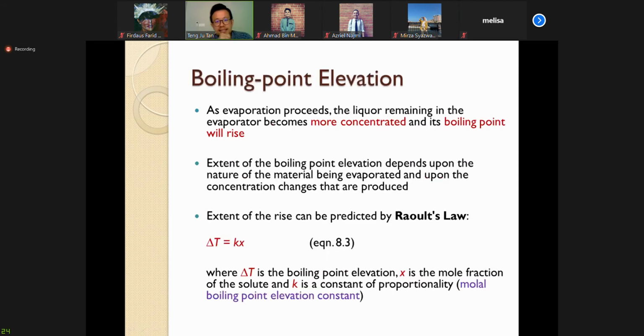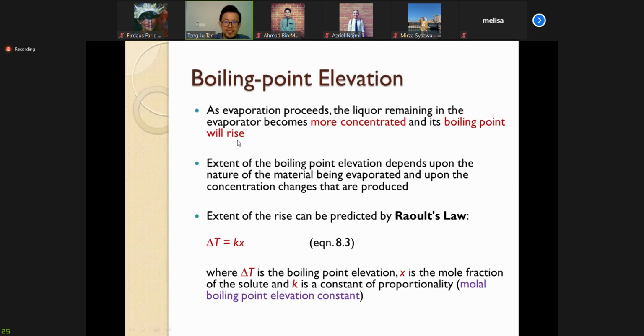Now it's about boiling point elevation. As evaporation proceeds, the liquor remaining in the evaporator becomes more concentrated and its boiling point will rise, as I told you before. When you add some non-volatile solute into the solution, that will increase the boiling point of the solution, like salt.